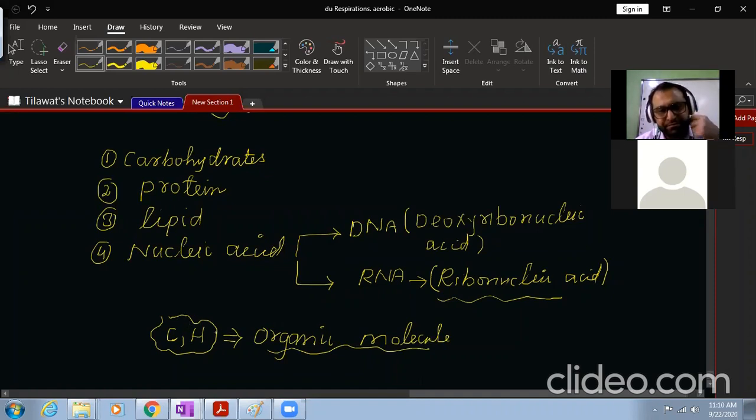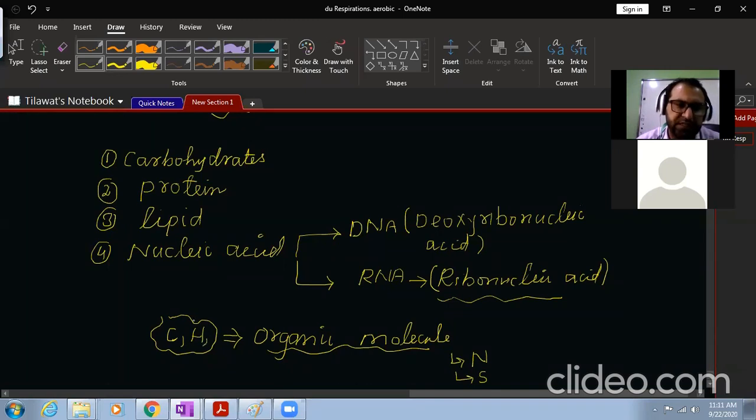While other elements you can also find in some, right? For example, you can also find nitrogen, that is present in nitrogenous bases of DNA and RNA. You can also find sulfur. Sulfur is present in some amino acids of protein, right? And remember, carbon, hydrogen, with this I will also put oxygen.